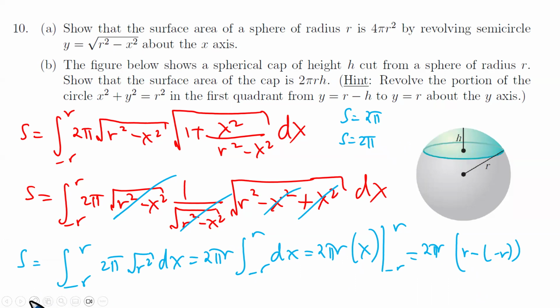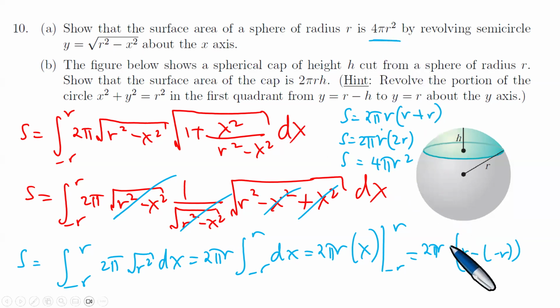There is a 2 pi r that is outside, so 2 pi r, but there is r plus r. And then 2r. 2 times 2 is 4 pi r squared. Good. So we got 4 pi r squared.